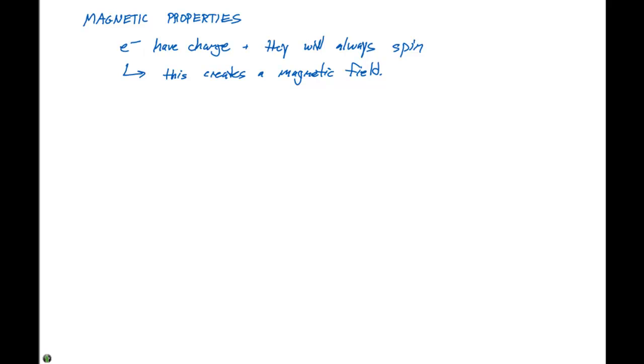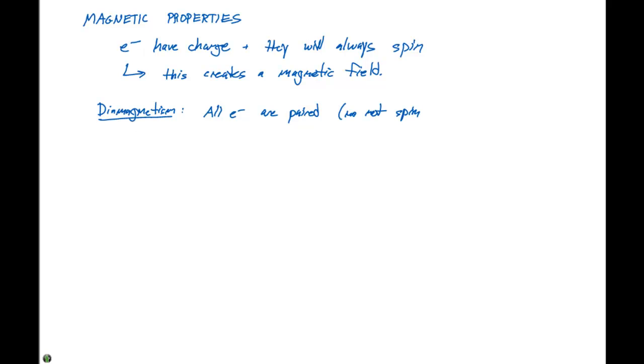So when we look at magnetic properties of atoms and elements and molecules and ions, we need to come up with some type of standard. And there's a nomenclature that we use. The terms that we use to characterize this are diamagnetism, which means that all electrons are paired.